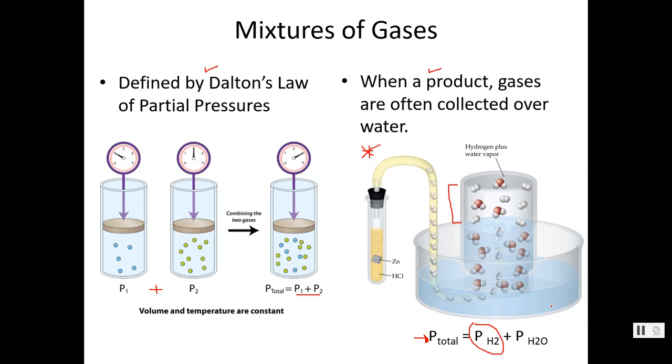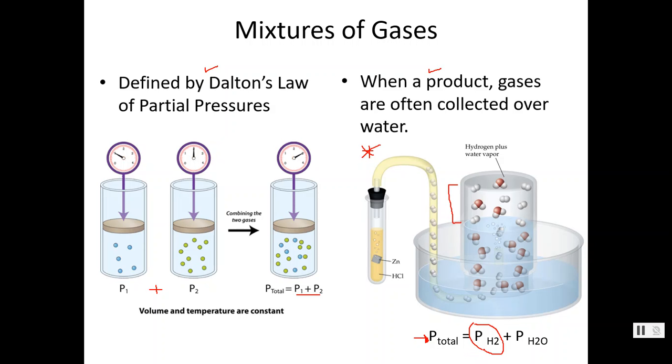But the second and final point to make about mixtures of gases is that when you collect a product gas over water, to find the pressure associated with that gas, you need to take the atmospheric or the total pressure and subtract the partial pressure of water, which will be given to you as well, and that will give you the pressure of your product gas.